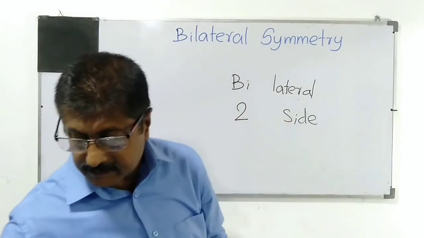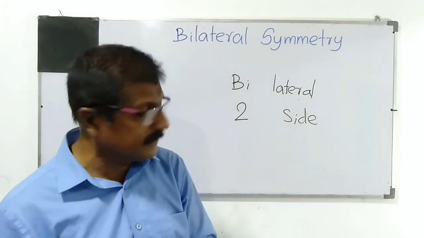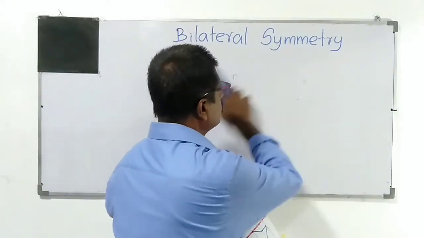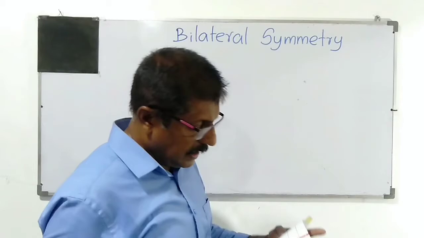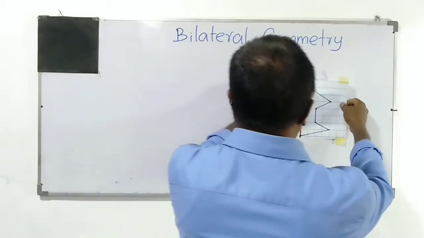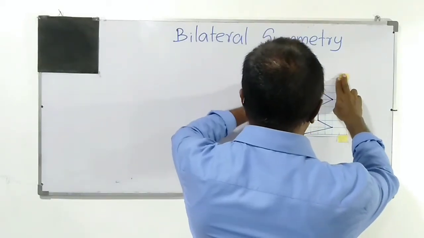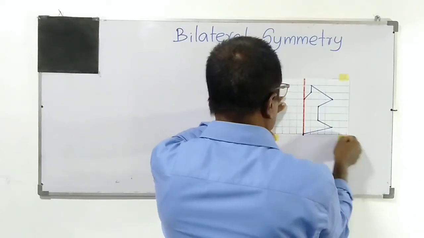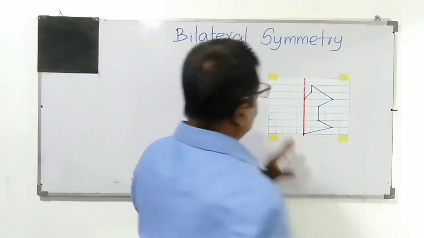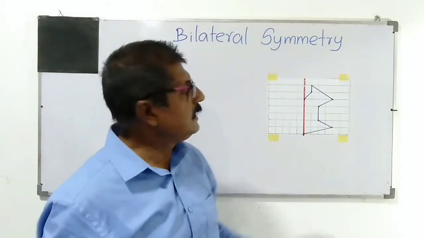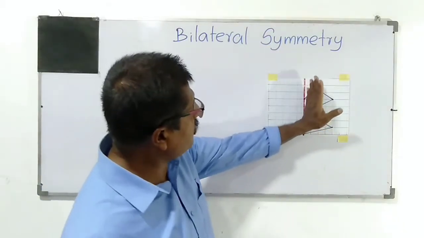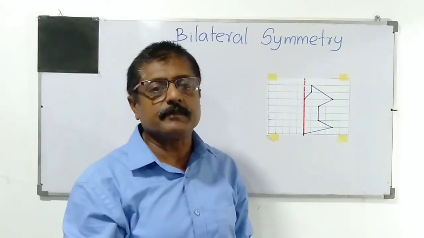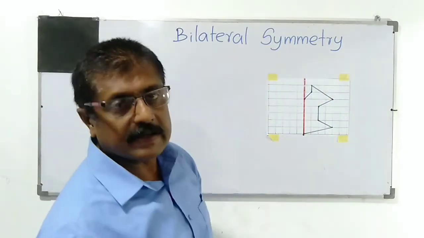Now we are going to discuss another very important thing. Here you are. On a square ruled paper, half of a figure has been given along with the axis of symmetry, a vertical line.